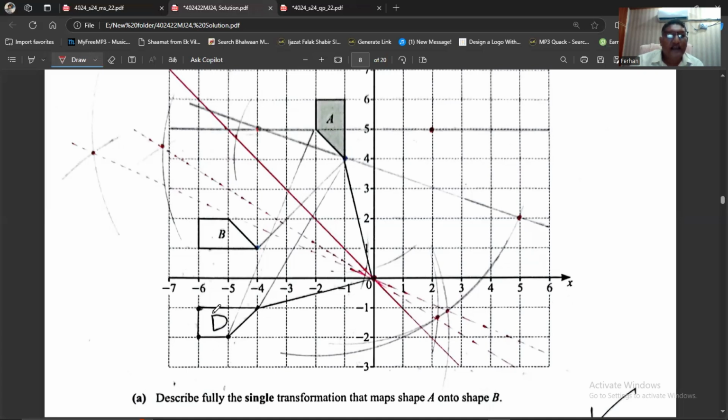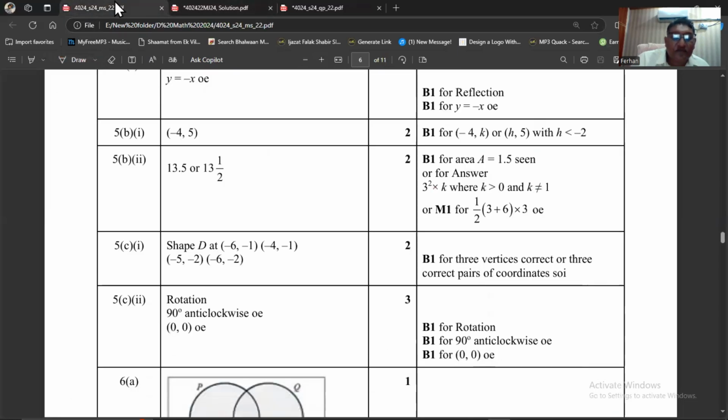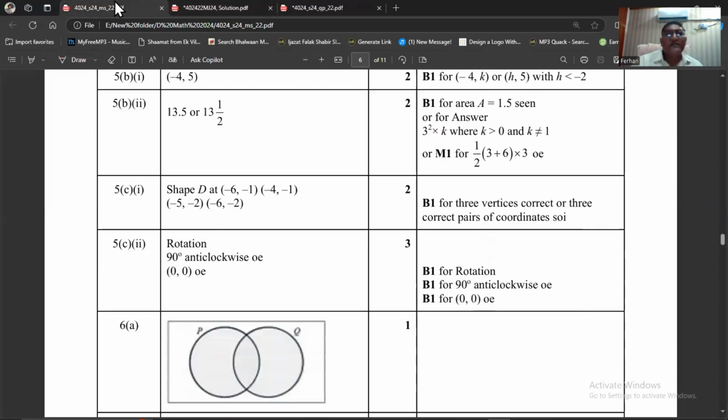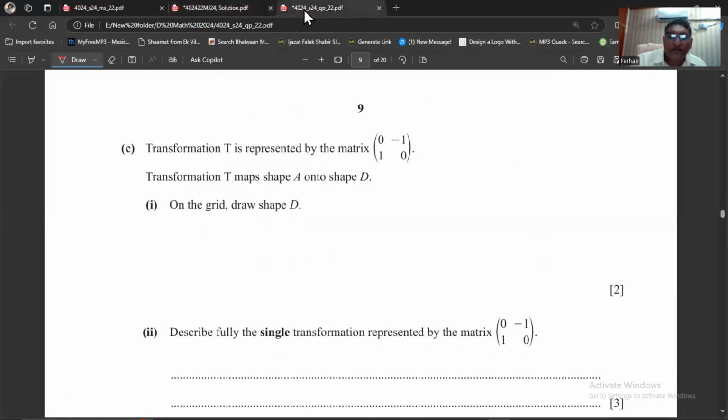I will join them. This is that image, and I will label it as D. In the answer they have given us the coordinates, and you can check they are correct. So our answer is correct. This is how you will get that shape D.